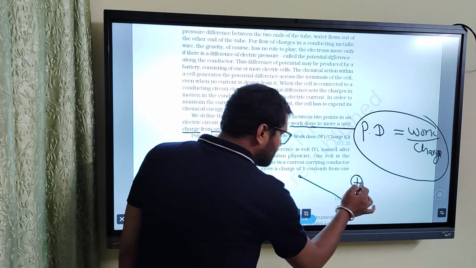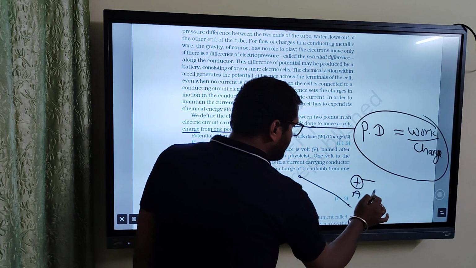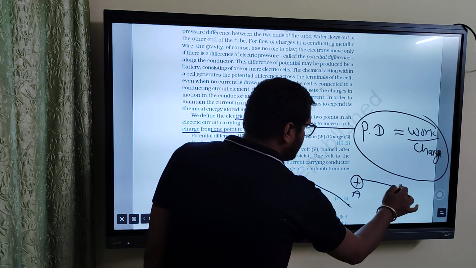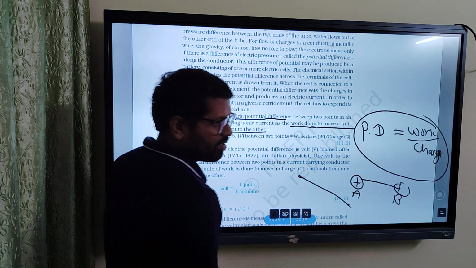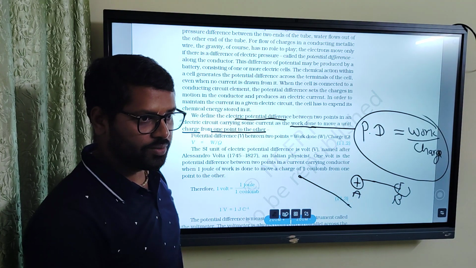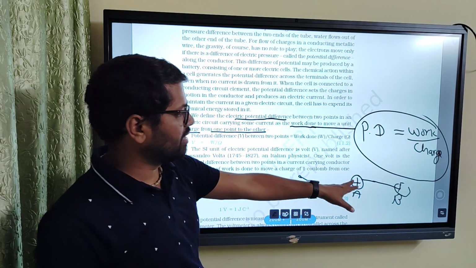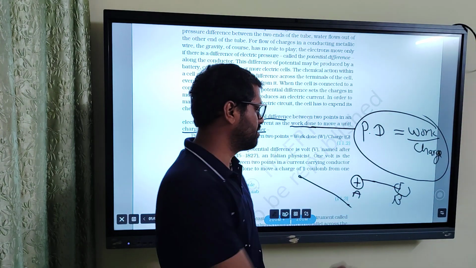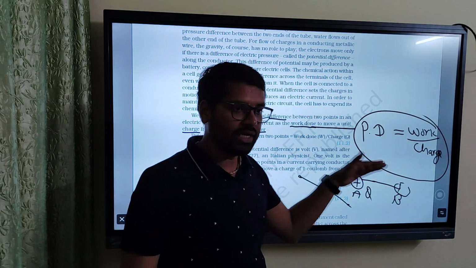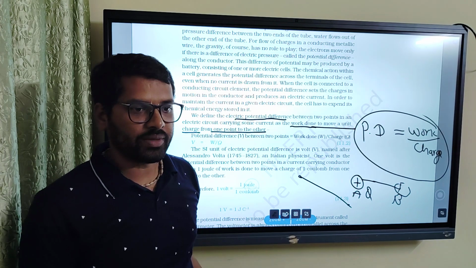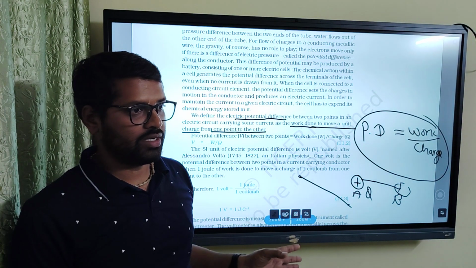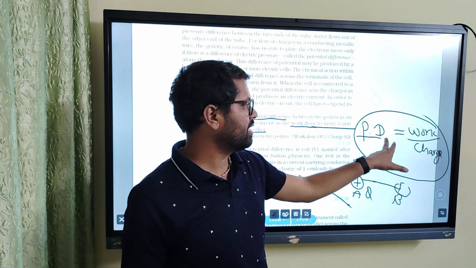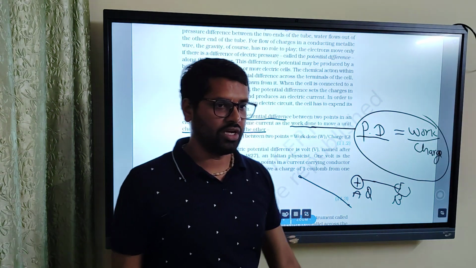So when charge starts moving from point A to point B, what will happen? Some work has to be done or not? It should be done. There should be some work. That's why they are telling work by charge. What is moving? Charge. Why is it moving? Because of work. So potential difference is nothing but work by charge.